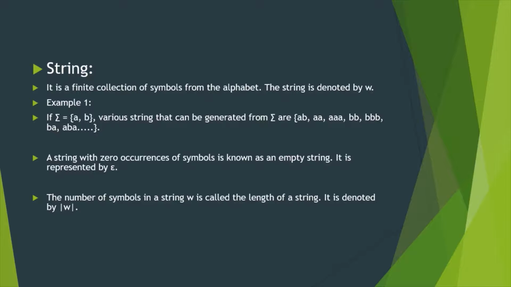Right here in this example, the length of the string is 2 because we have two symbols, A and B. In this example we have shown 3 consecutive B's, so the length of the string will be 3. And here we have shown ABA dotted up to infinity, so the length of this string is infinity.